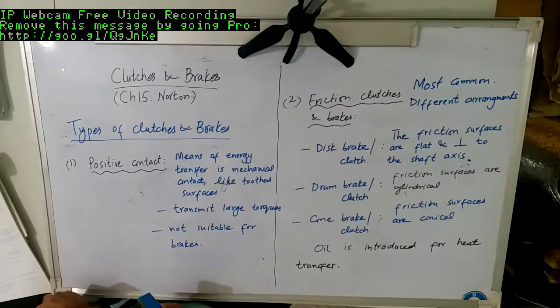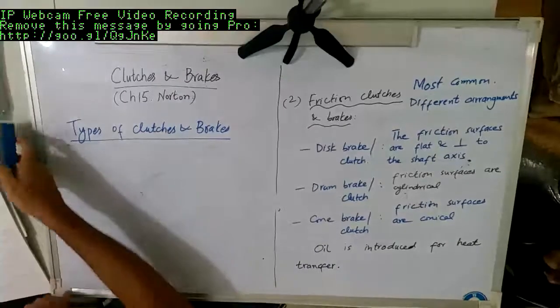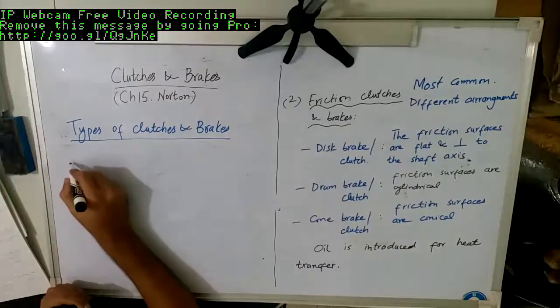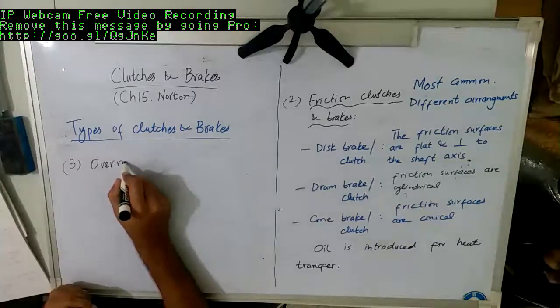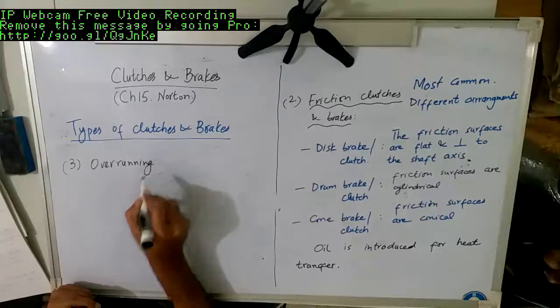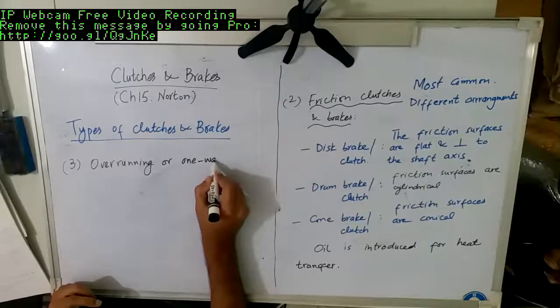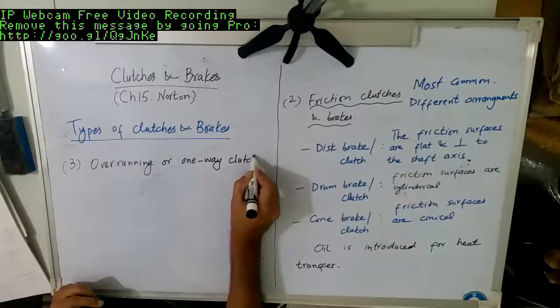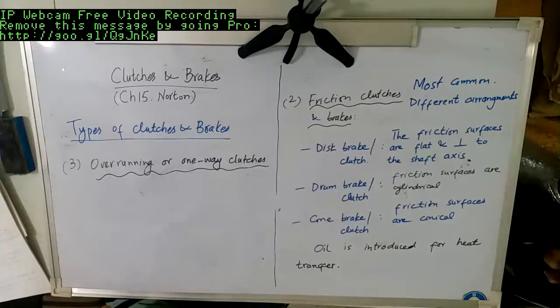Let us now go to the third type, which is overrunning, or these are also called one-way clutches. An example of this clutch is given in the bottom figure on page 7 of the handout.